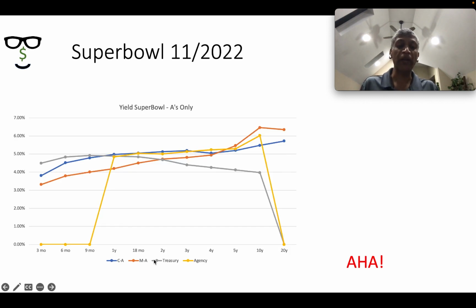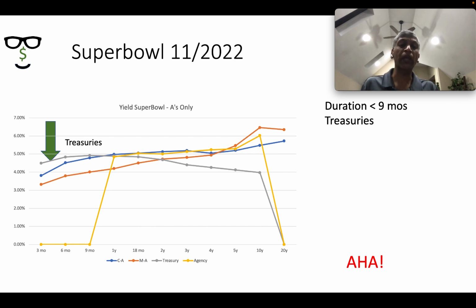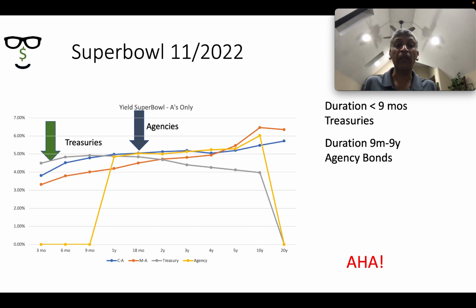Now when we compare single A rated corporates and single A rated munis versus treasuries and agencies, treasuries still dominate far and away in the less than 9-month time frame. In the less than 3-5 year time frame, agencies still dominate, which is pretty wild.